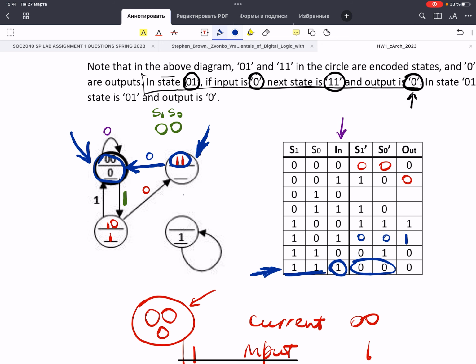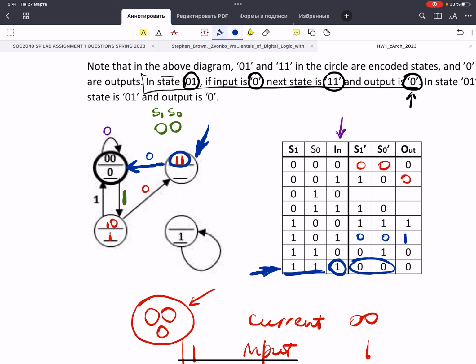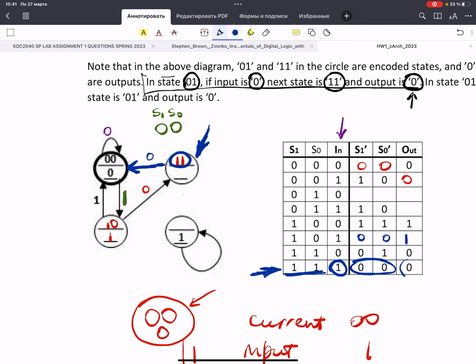I hope you're getting everything. So what about the output? Why is the output 0? We don't have to just say why the output is 0. We have to conclude: if the output is 0, what does it mean? As you know, the output is always below or under the current state. In this case, the current state is 1-1.